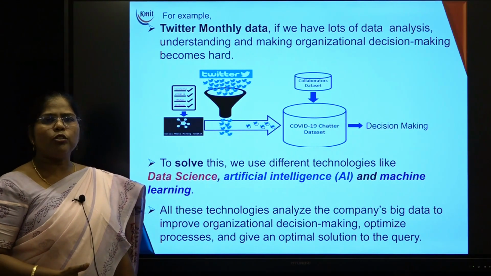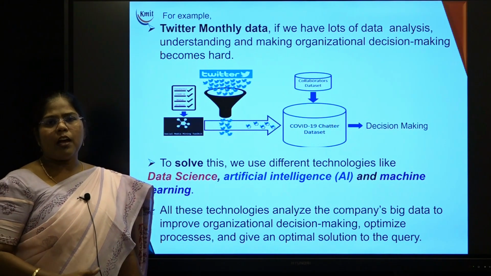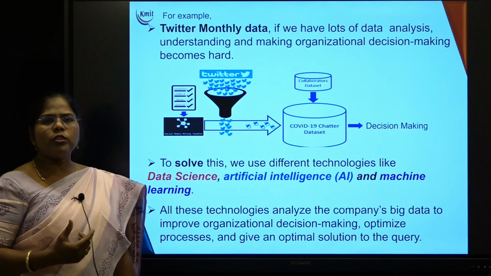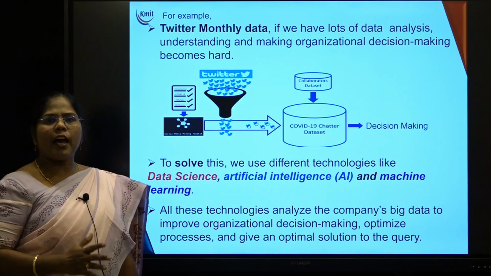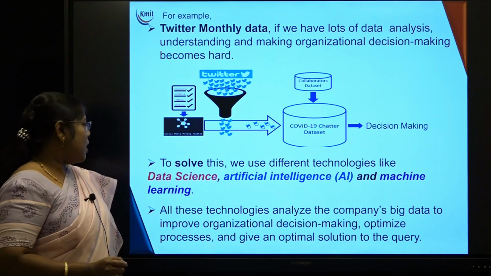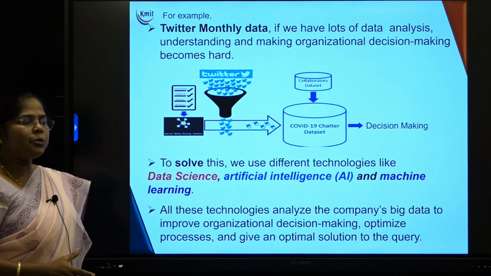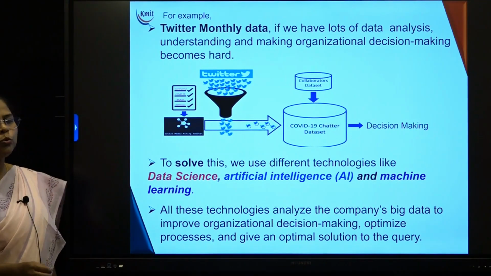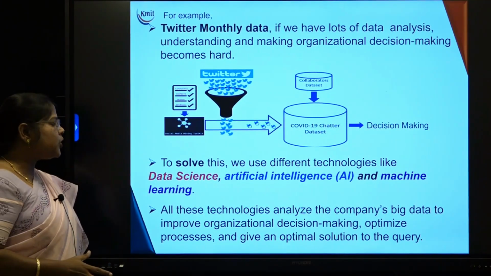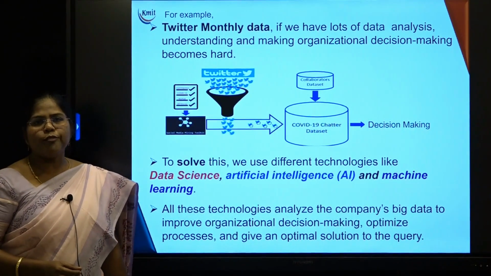When we have a lot of data, we need to analyze the data, interpret the data and perceive the data, so that we can make organizational decisions for a problem. All these technologies analyze the company's big data to improve decision making and also optimize the process to give an optimal solution for a query.